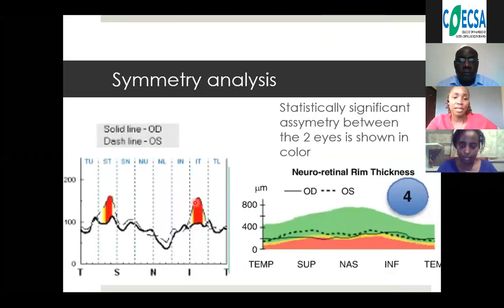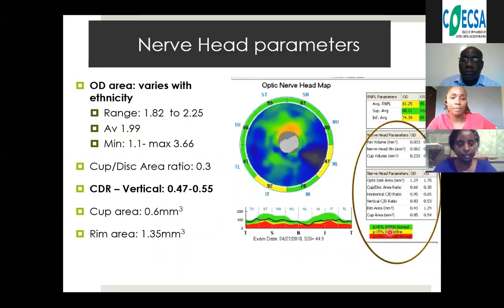So what they show is that any difference between the right and the left eye that is significant is represented by this red bar in some OCTs, while in others, they actually just superimpose the graph together, and you can compare between the right and the left. In most cases, glaucoma is an asymmetrical disease. It's bilateral and asymmetrical. And in some OCTs, they say the more asymmetry there is, there's more likelihood of glaucoma.